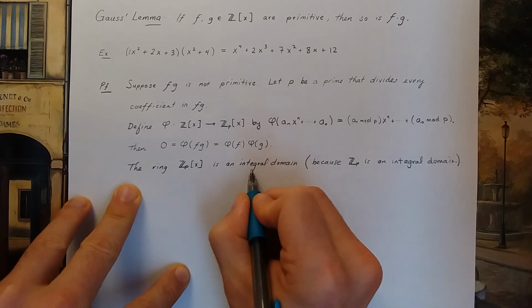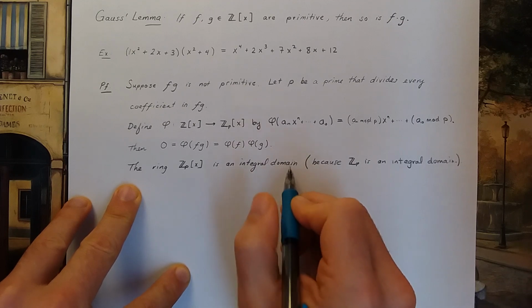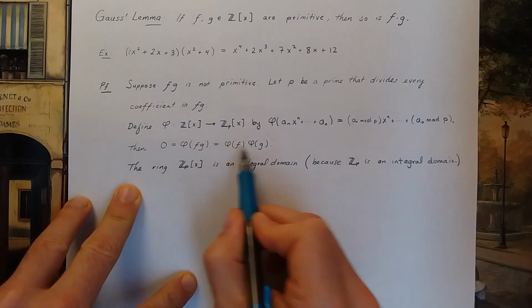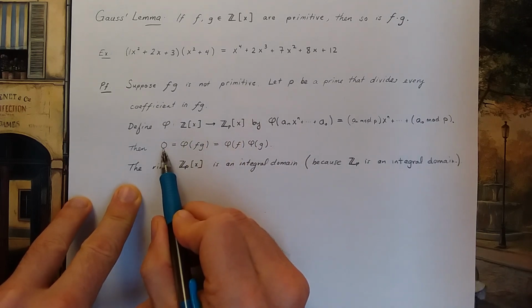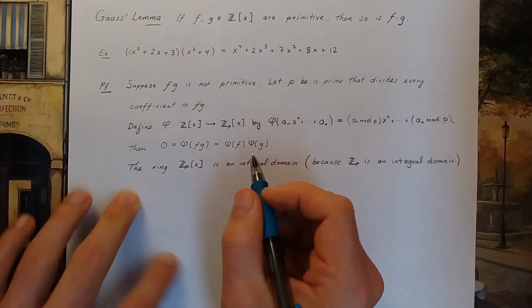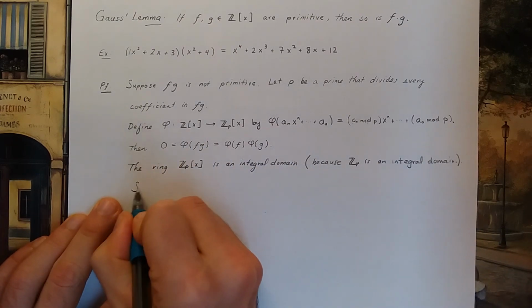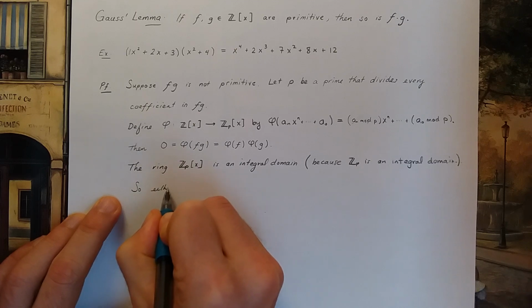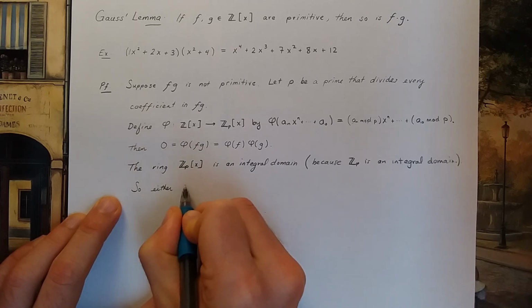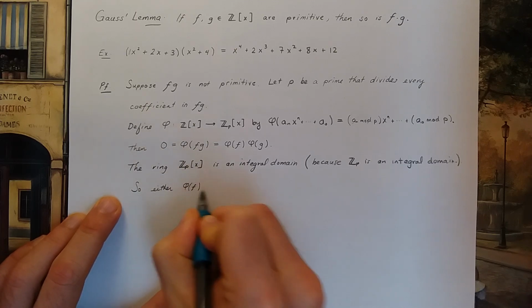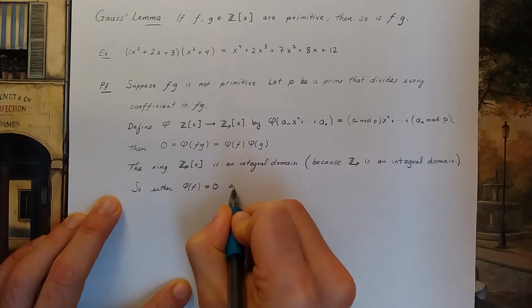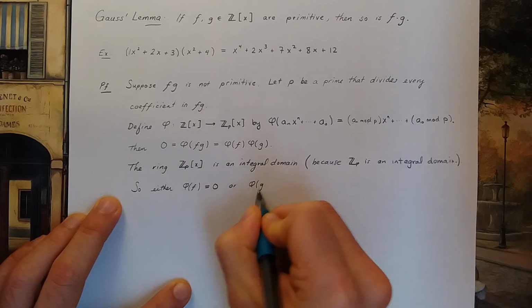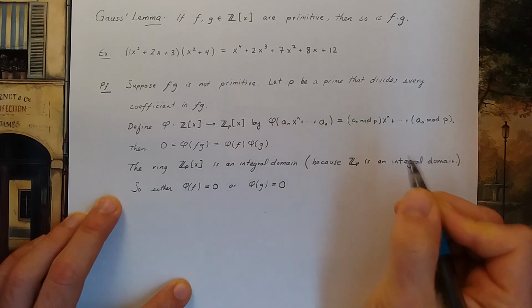But the definition of an integral domain is that when you have two terms that have product 0, one of the terms has to be 0. So either phi of f is 0 or phi of g is equal to 0.